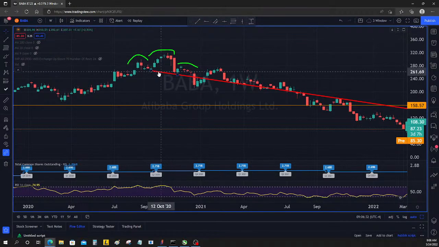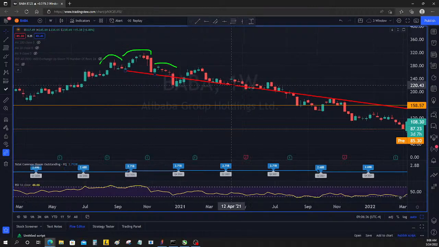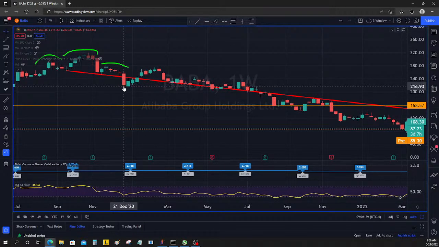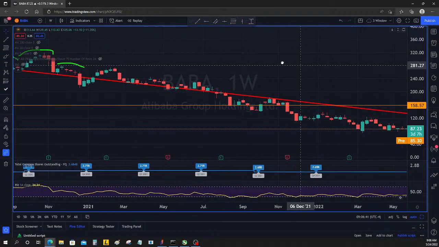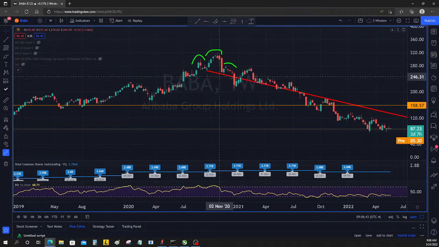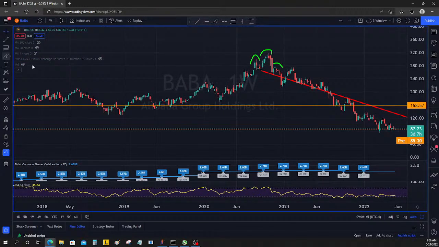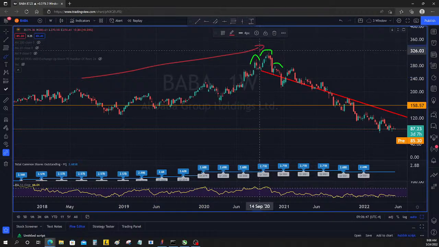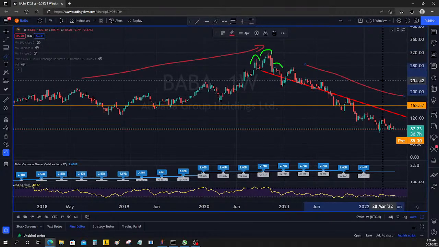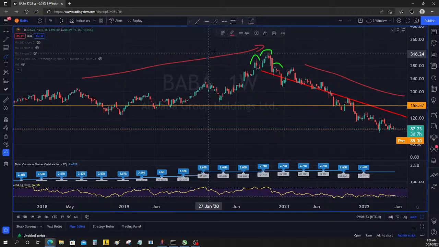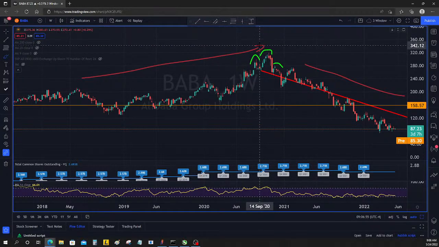Here's the downward trending neckline right here. And here it is. It plummeted below. It broke below. And Baba went from a trend that was in this direction to a trend that follows the new neckline in that direction, and there it goes. And that's the way it's been ever since this pattern was established.